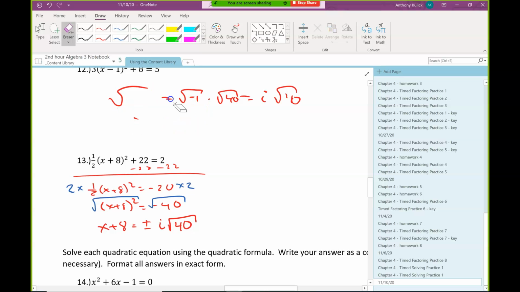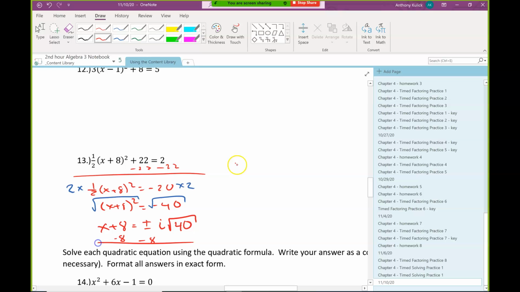Okay? And just subtract the 8 over. And the 8 can't be combined with an i or a square root, so that definitely has to just be written separately.